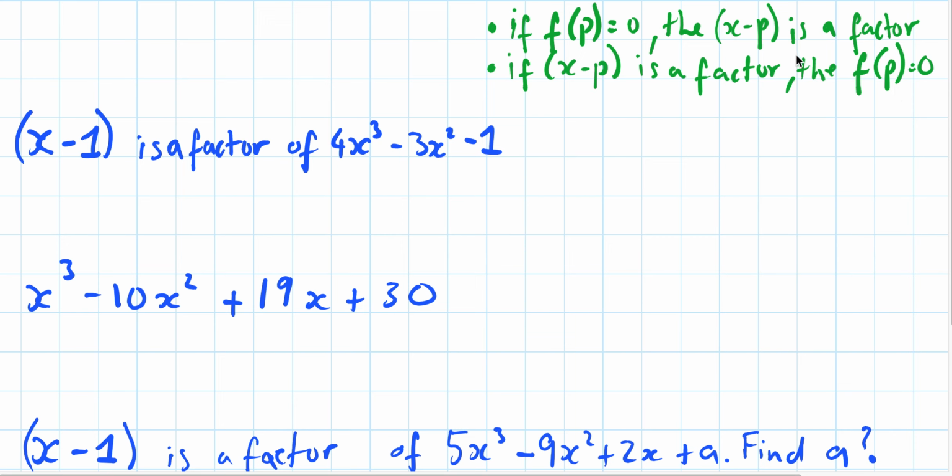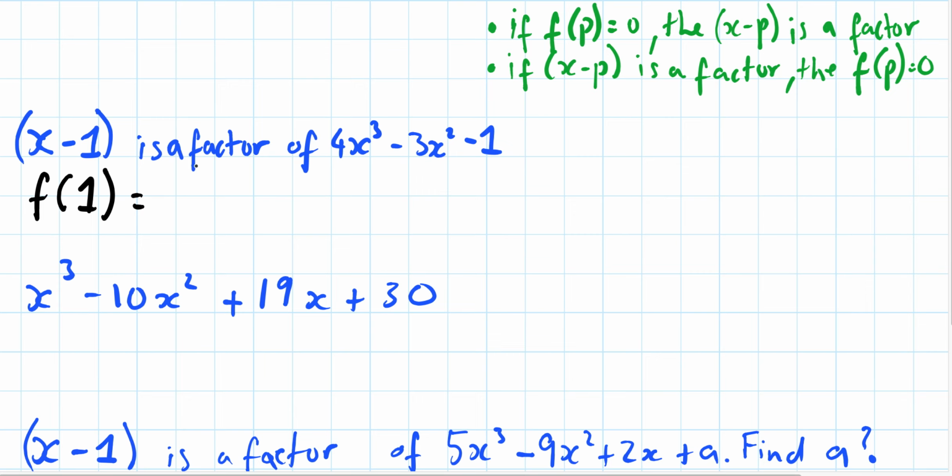So let's look at a few different questions they may ask. First one, they'll tell you x minus 1 is a factor of 4x to the power 3 minus 3x squared minus 1, and you have to prove that it's a factor. So we're going to use the second one here. If f(1) equals 0, we know that it is a factor.